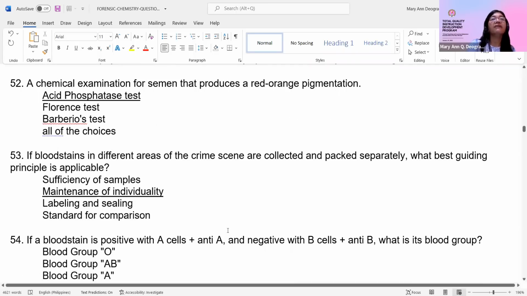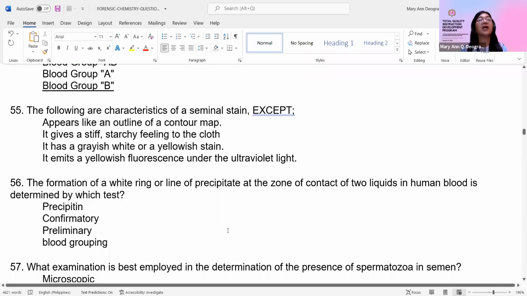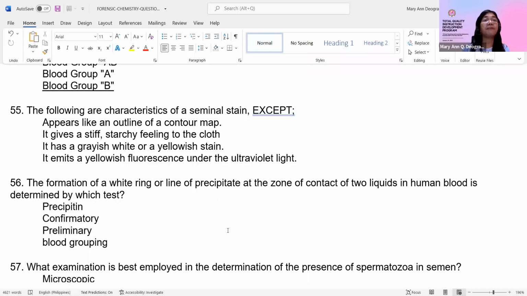Next. The following are characteristics of a seminal stain, except: appears like an outline of a contour map. Tama. Pag natuyo ang semen sa underwear, para siyang mapa. It gives a stiff, starchy feeling to the cloth. Tumitigas yung part kung saan merong seminal stain.